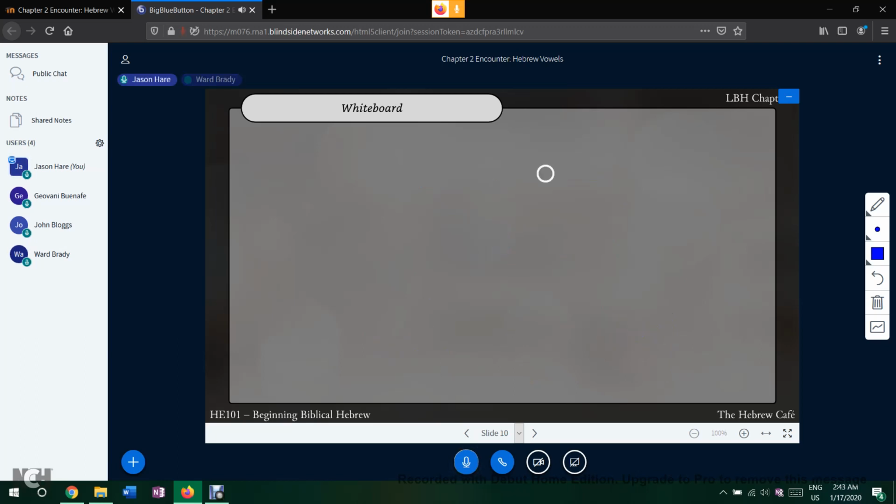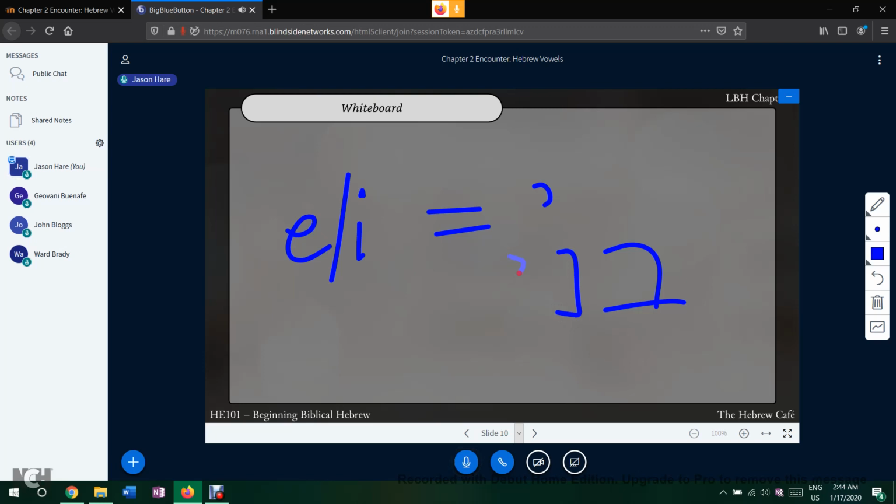So that yod can represent the E sound or the A sound. Okay, so B'ni means my son. B'ni, my son. Would you read out the word goy? Show us that. That is definitely a diphthong.